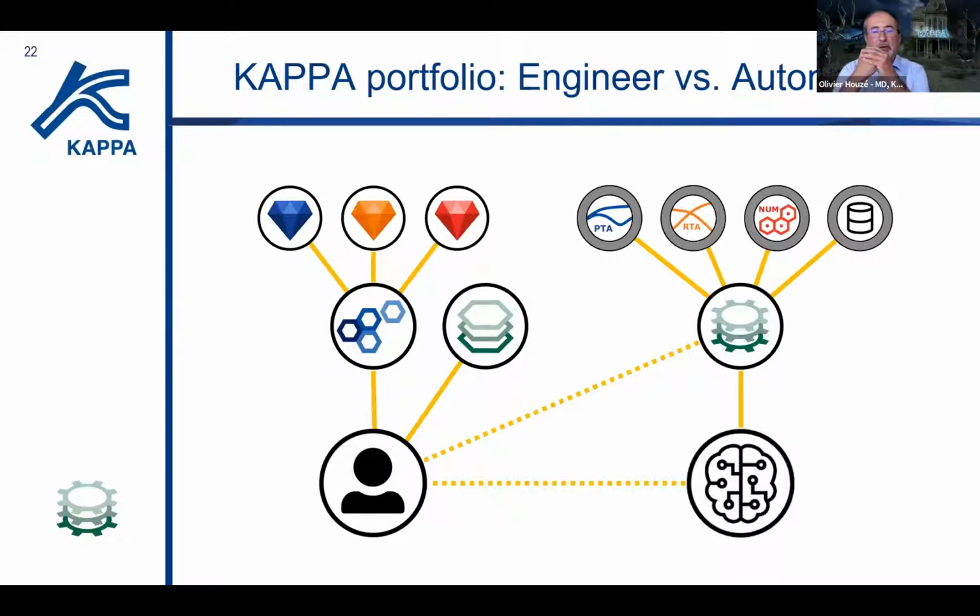Last slide, let's say the last philosophical slide. So you see on the left part essentially what we have today. A human being that is using KAPPA Server to have PDG data pre-processed and KAPPA-Workstation to do whatever analysis. So you see on the right the counterpart with KAPPA-Automate, which is actually grouping everything that KAPPA Server and KAPPA-Workstation used to do, but of course, only from the point of view of automation.